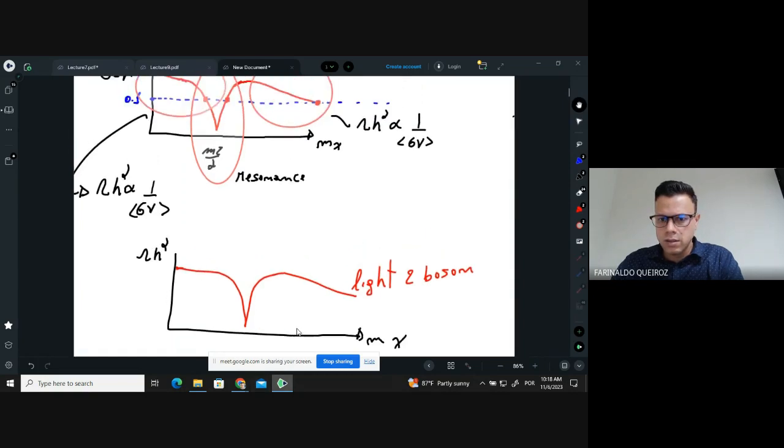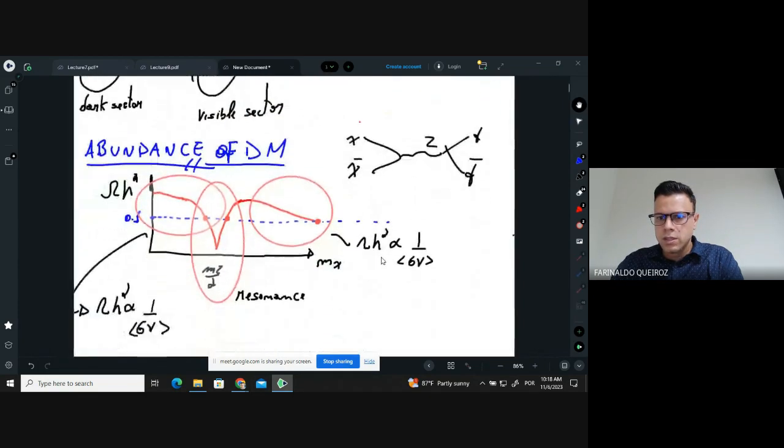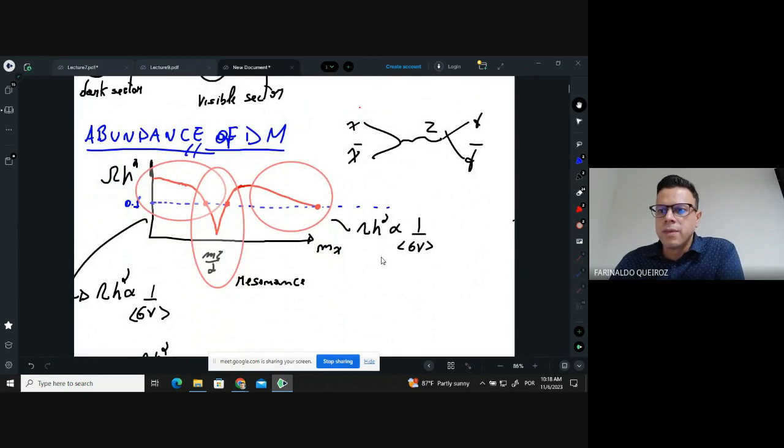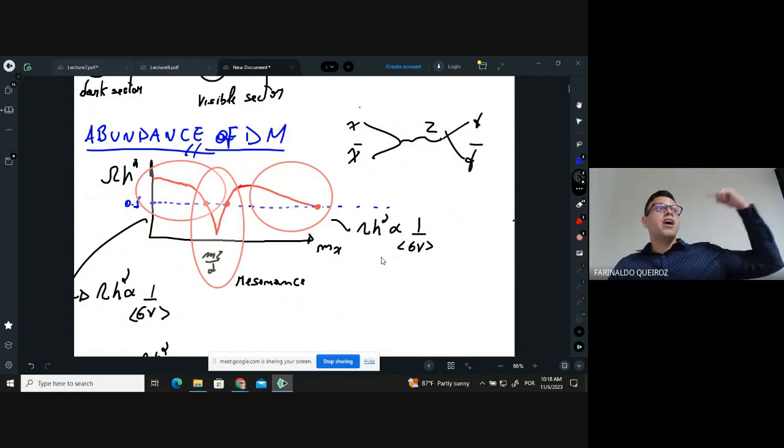I have this annihilation channel. If the Z boson is very heavy, the annihilation cross-section drops, right? Because the heavier the mediator, the smaller the cross-section. The smaller the cross-section, the larger the abundance, right? So it goes the opposite.